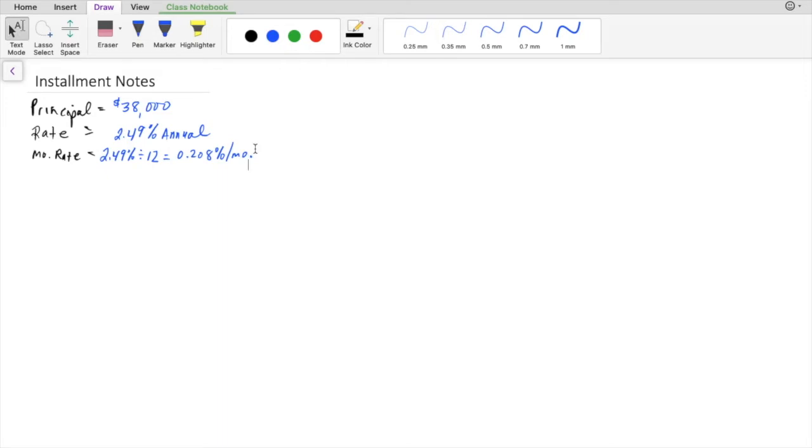We'll come back to that after a little while. Now, the term. What is the term? Well, the term is 66 months according to the bank's website. Or, if we translated that, 5.5 years.